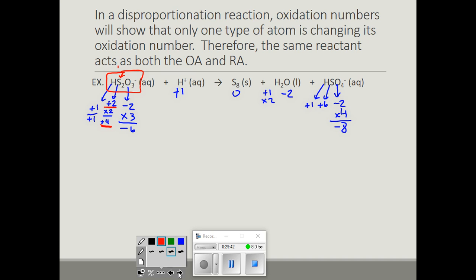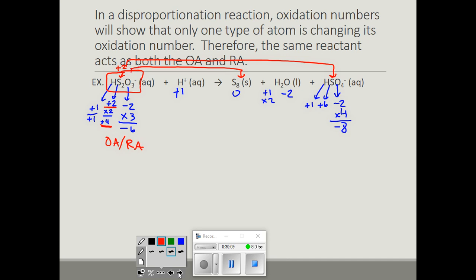So sulfur went from +2 here to 0 there, but from +2 to +6 in the last compound. So what happened? Sulfur increased and decreased its oxidation number. HS2O3 negative is my oxidizing agent and my reducing agent.